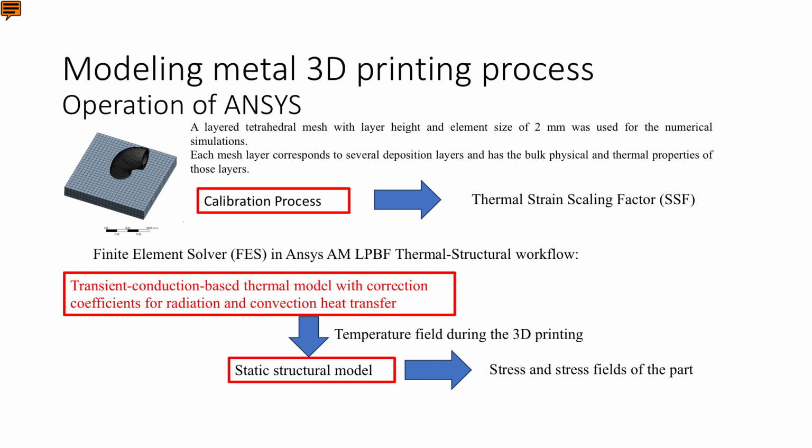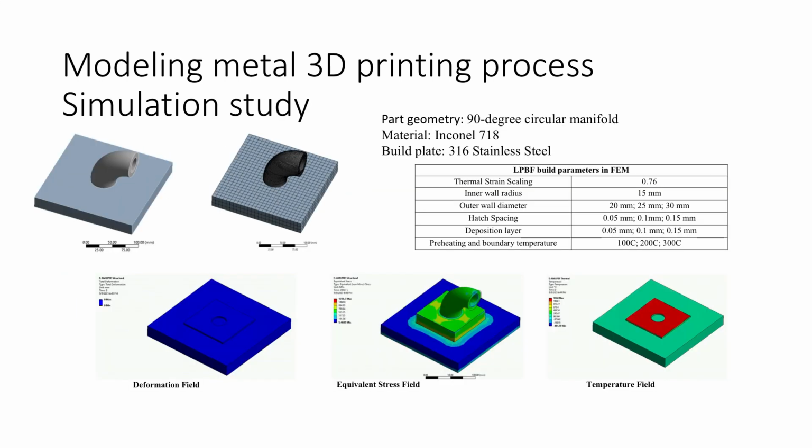First, a calibration process was done, and then, as I mentioned again, the finite element solver worked, and it created the temperature field, and then the static model estimated the stress and strain fields.